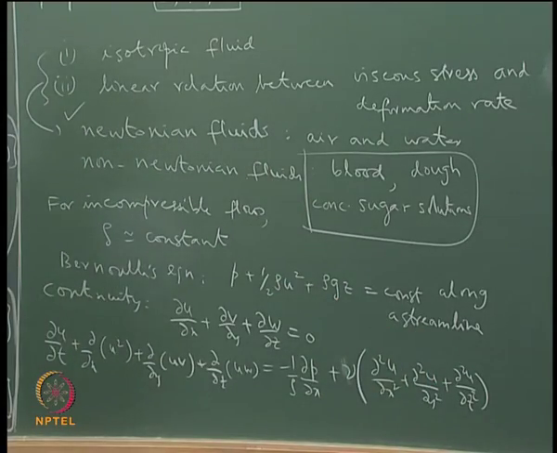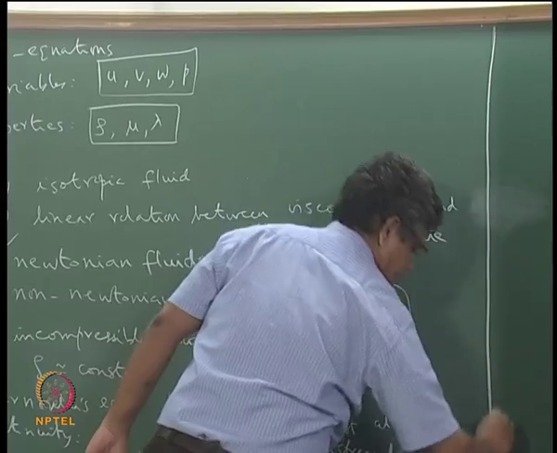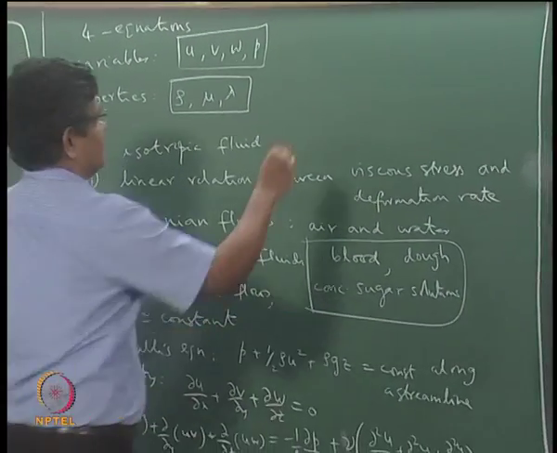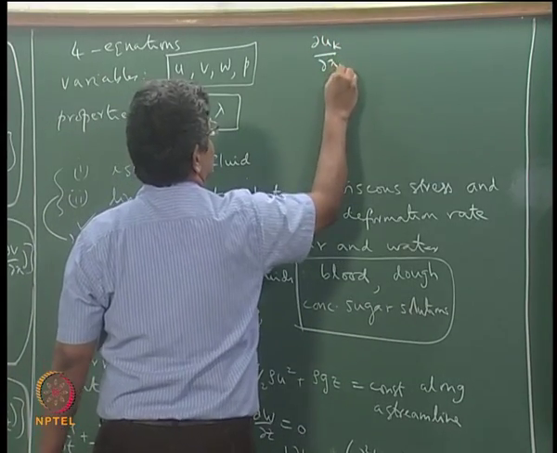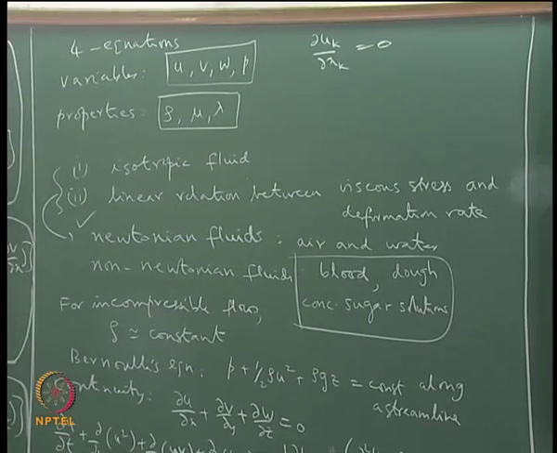So, the final equations here are much simpler, and we can take advantage of the index notation that we are familiar with and write the continuity equation as dou uk by dou xk equal to 0.